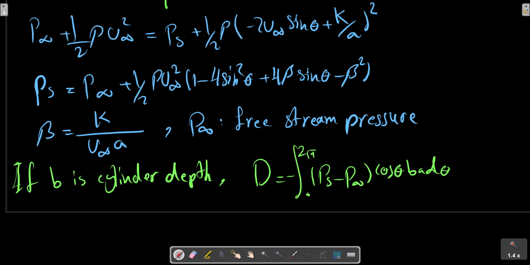But the integral of cosine theta times any power of sine theta over a full cycle of 2 pi is identically 0. Thus we obtain the result: the drag is 0.